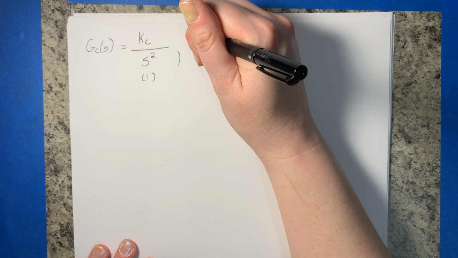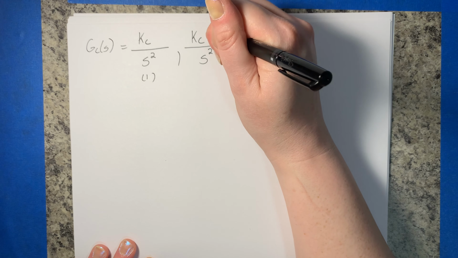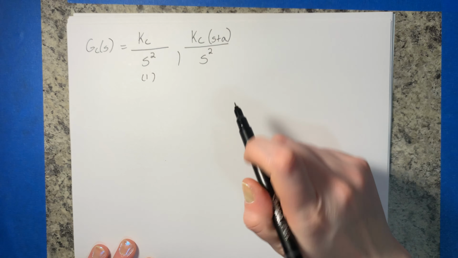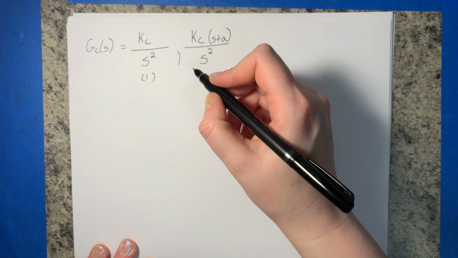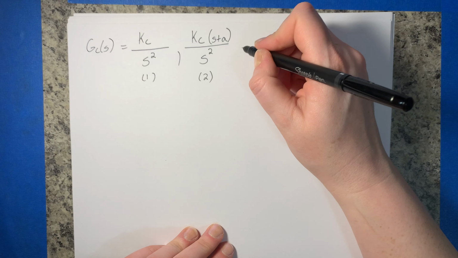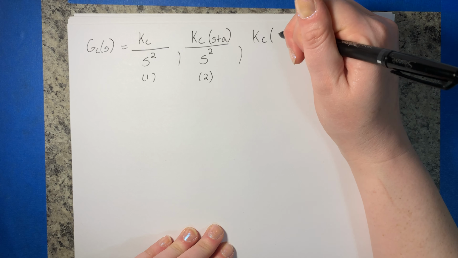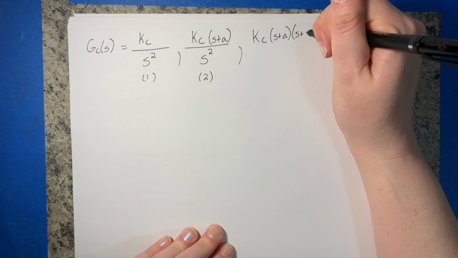If that doesn't work, we can increase the complexity, and we're allowed to add to the numerator, because we have 2 s's on the bottom, we can add a term up here. This will be our second trial design. We'll do one more, and hopefully by the third trial design we have something that works.